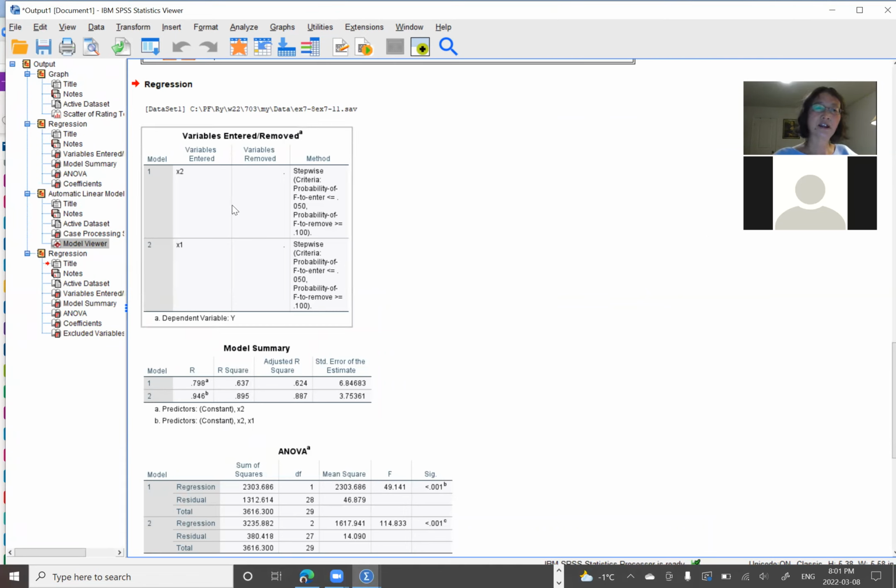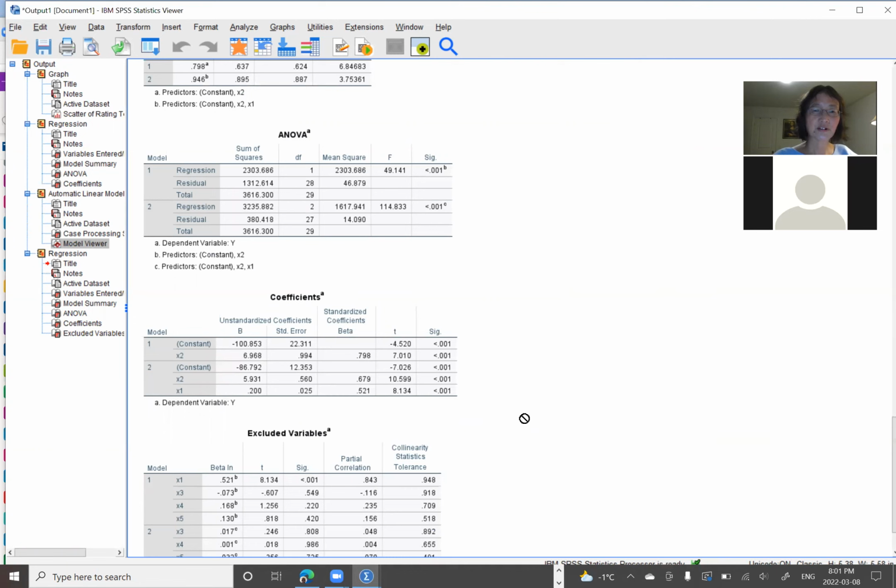Okay, so those are the coefficients. So maybe I want to copy this to the notes. Put the result here.